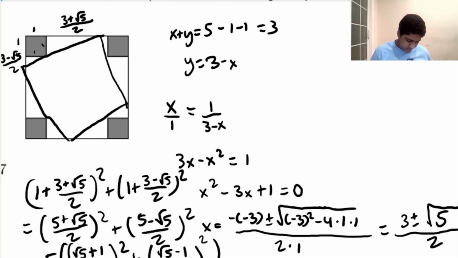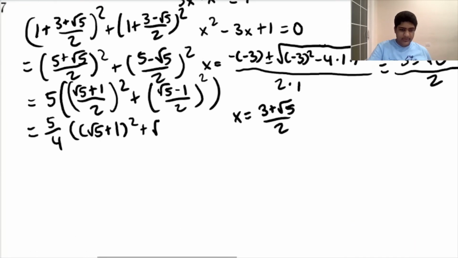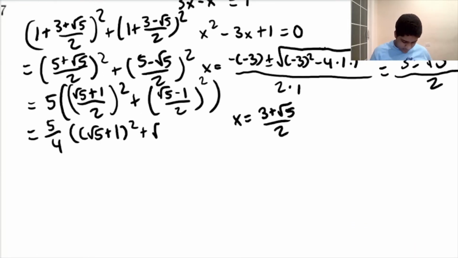This is just going to be equal to 5 over 4, pulling out the halves, of root 5 plus 1 squared plus root 5 minus 1 squared. Now finally we can expand these.